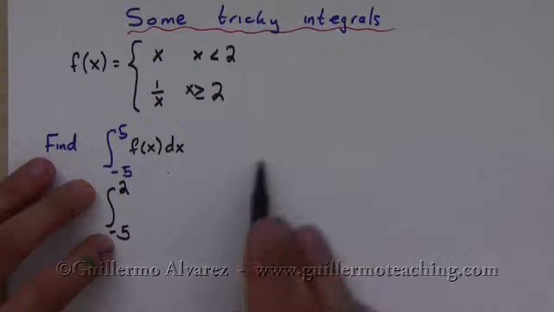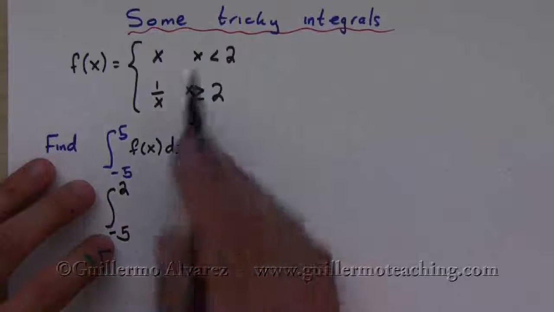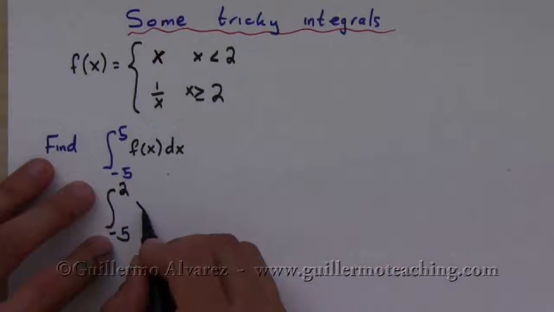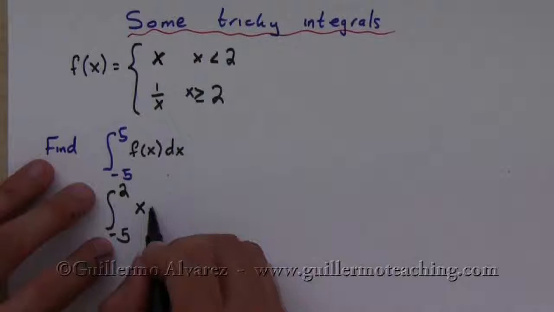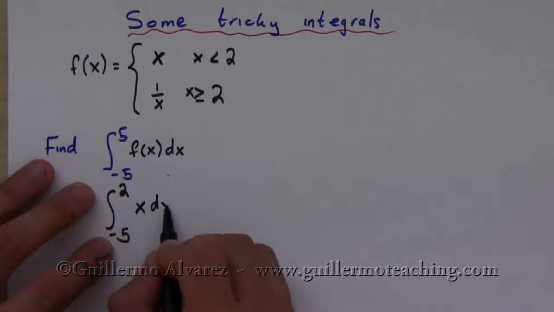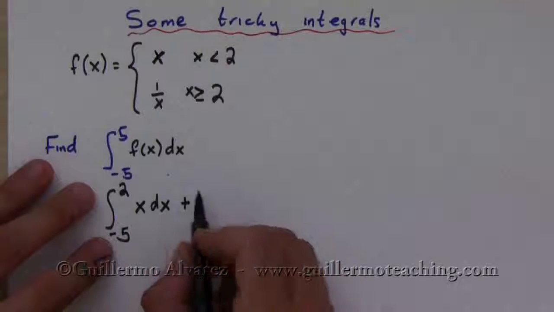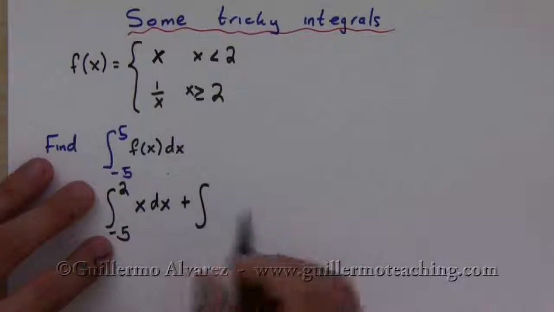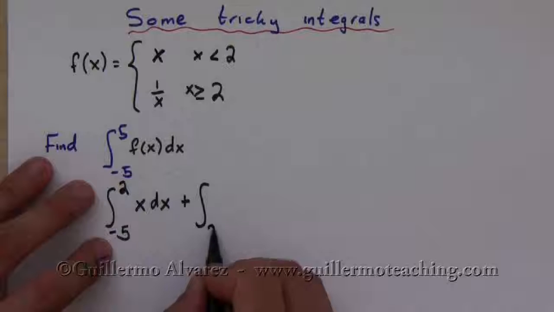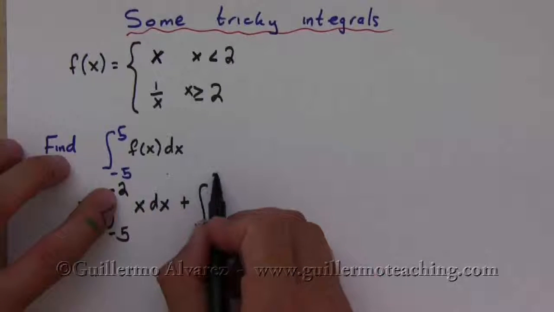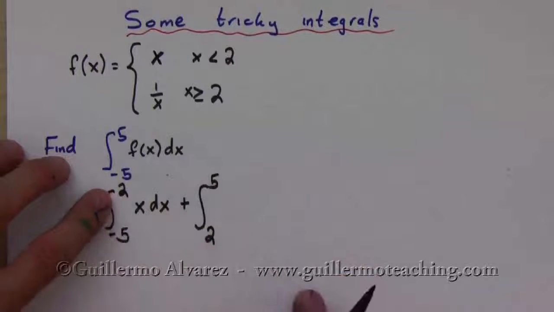Waiting for you to think. Think. You're right. It's equal to x. So from -5 to 2, we're going to find the integral of x dx. And then we're going to add the integral from 2, because you end right here, to 5.